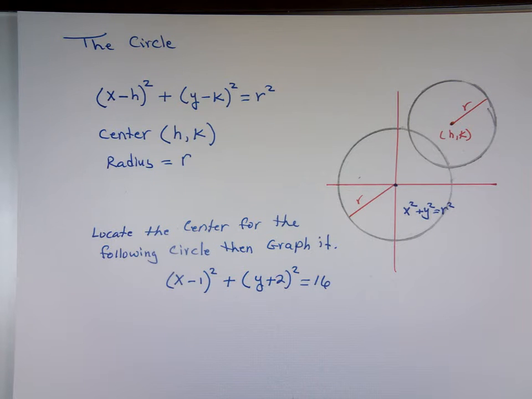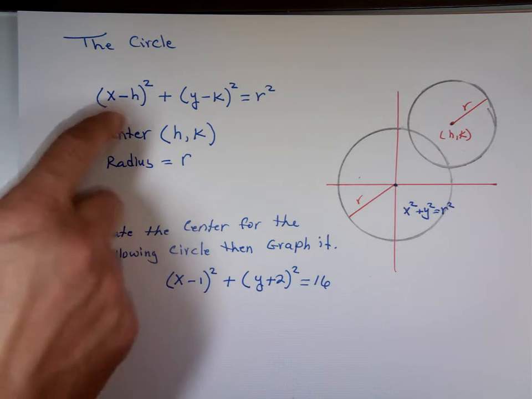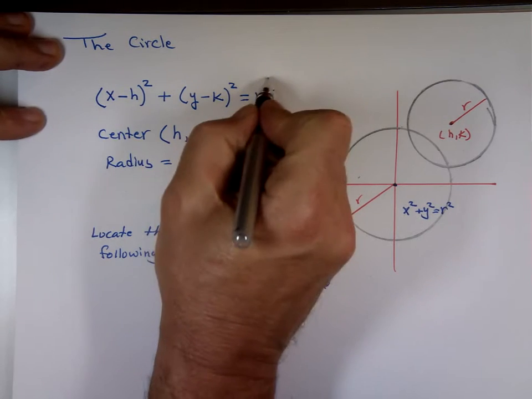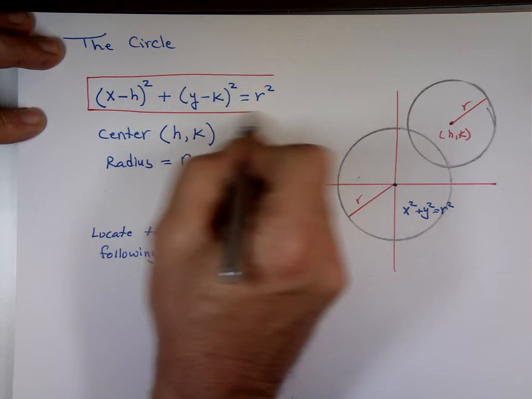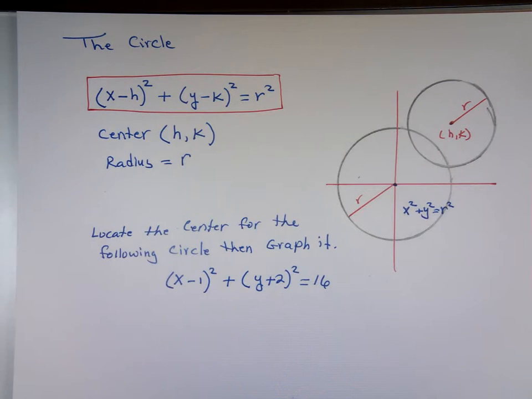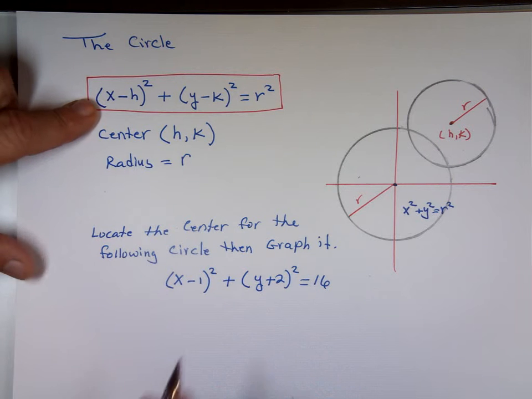So now I need to locate where the center is. Where's my center? Well, if I can put it in this form, this is the standard form for a circle.